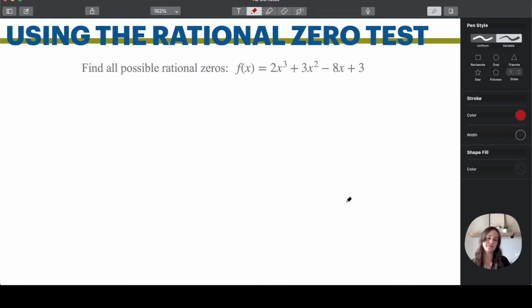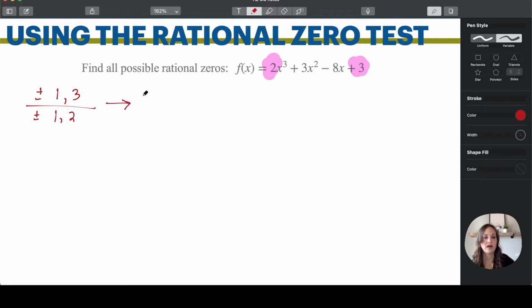So, for example, I want you to list all the possible rational zeros of this polynomial. So what we're going to do is take all the factors of our constant and divide that by all the factors of our leading coefficient. So we're going to have the plus or minus factors of 3, which is 1 and 3, divided by the factors, plus or minus, of 2, which is 1 and 2.